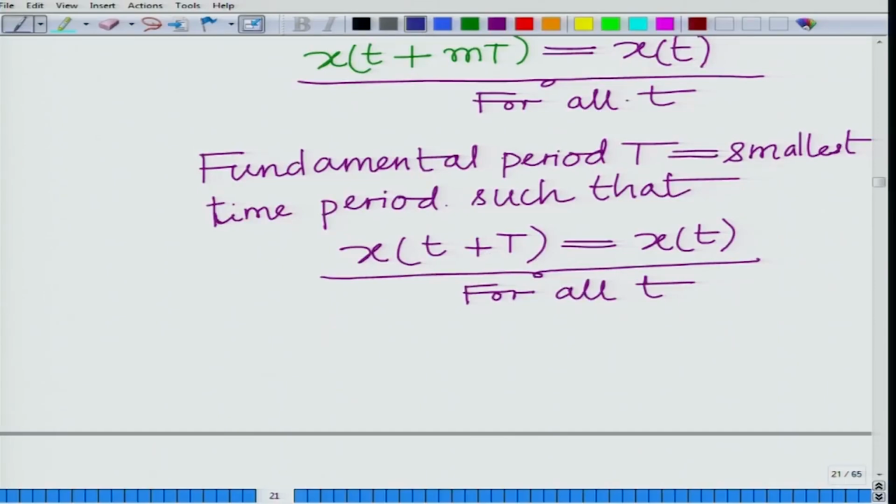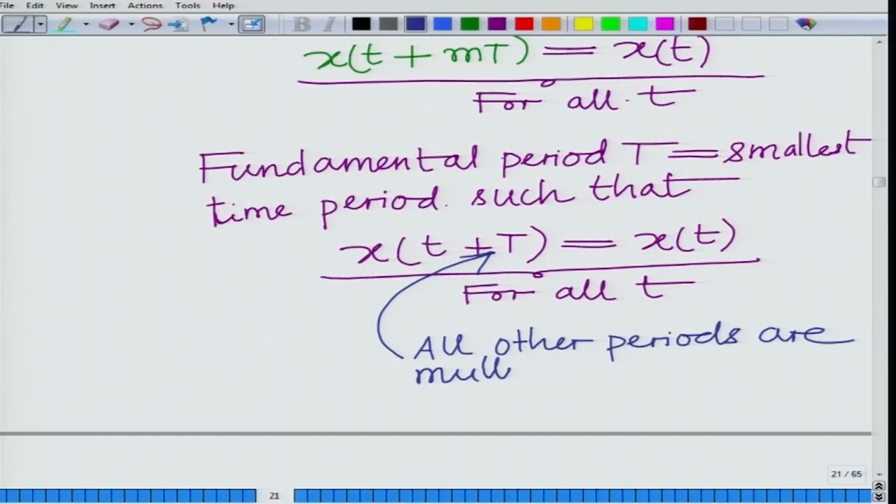So all other time periods are multiples of your fundamental period.